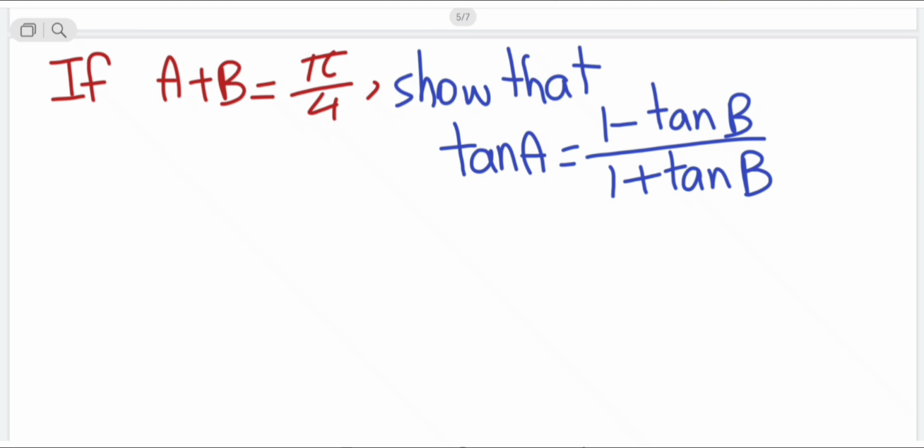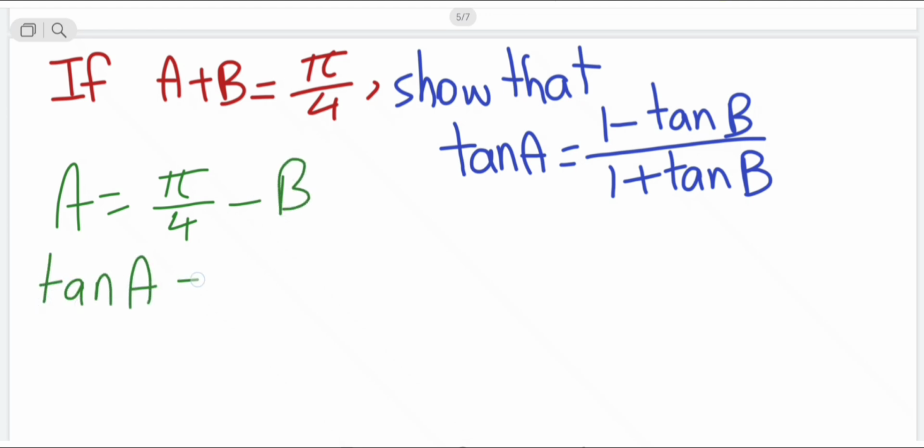We need tan A, so we will take B to the other side, because we need A. So A equals pi over 4 minus B. So take tan of both sides: tan A equals tan(pi over 4 minus B).